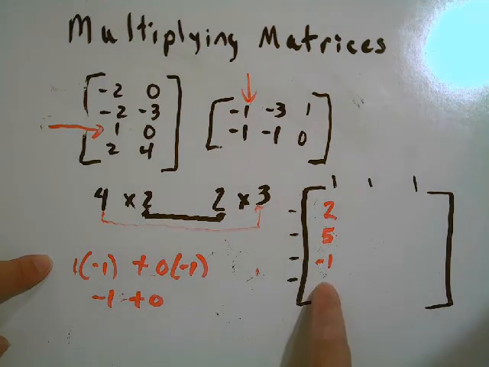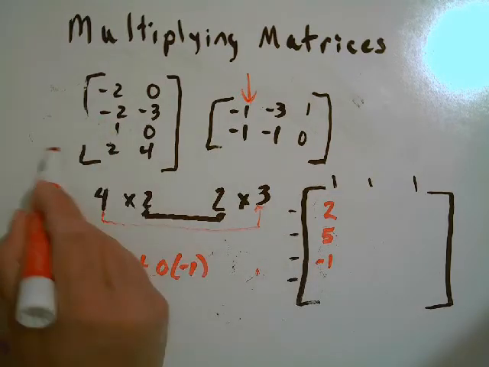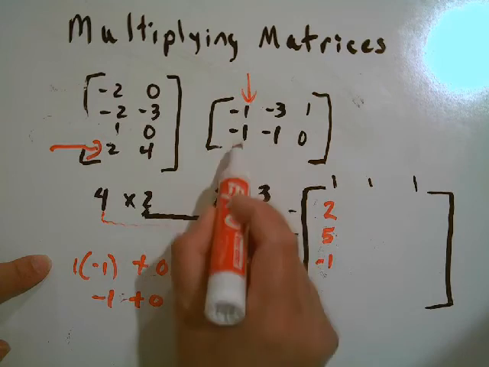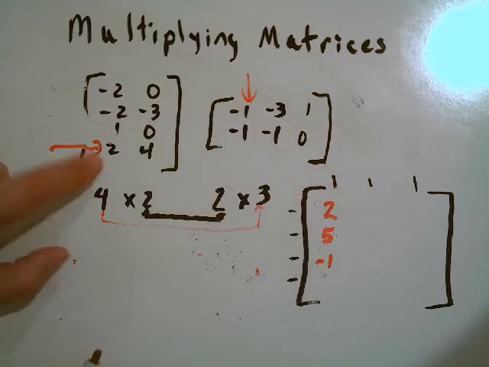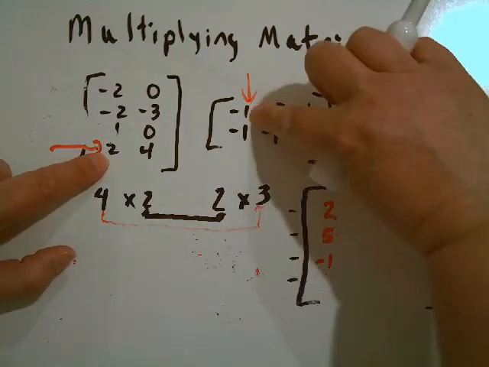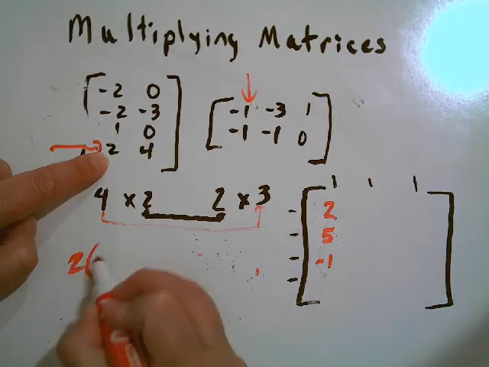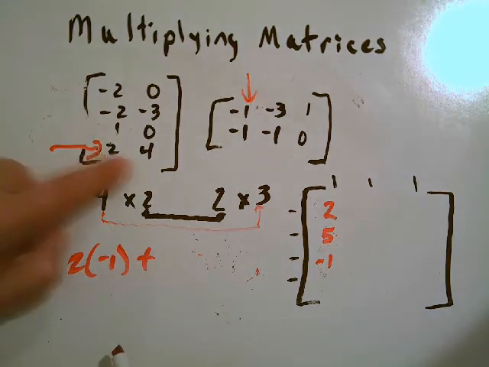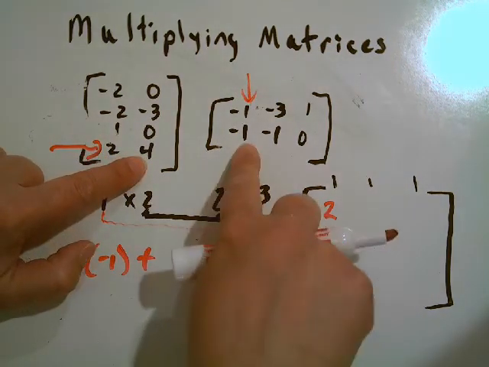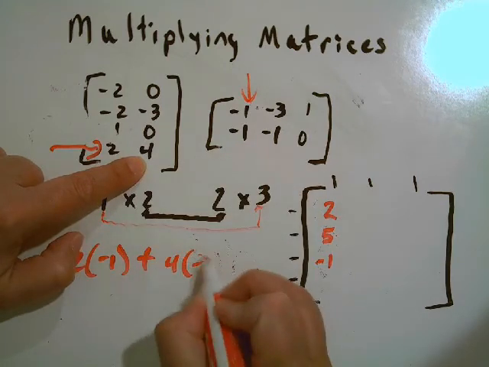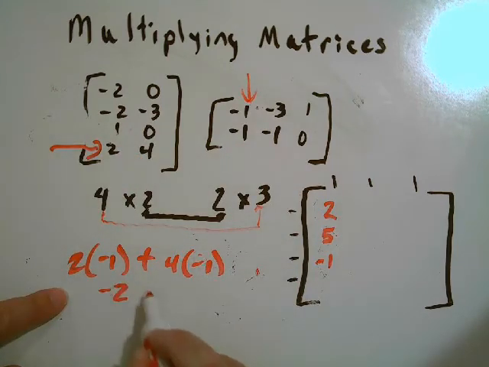This spot is row 4, column 1. So this time I'm going to use row 4 and column 1. First element times the first element, so 2 times -1, plus the second element times the second element, -4. So -2 plus -4 is -6.